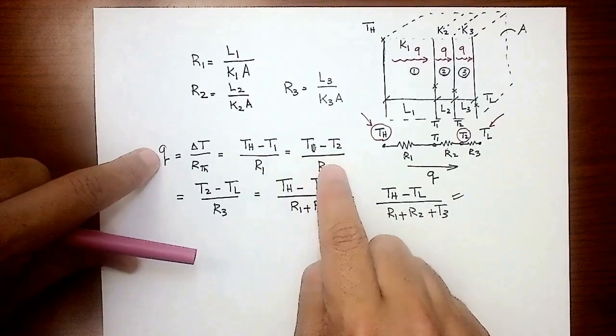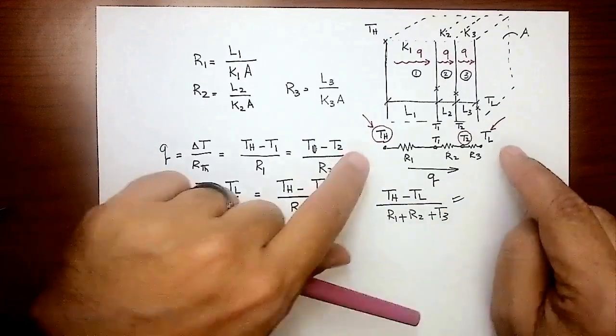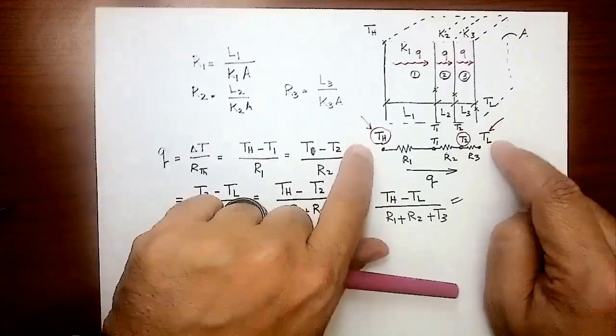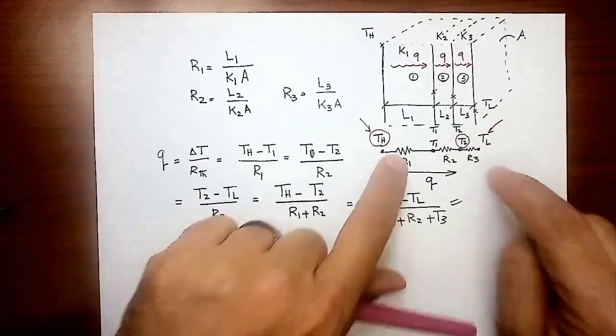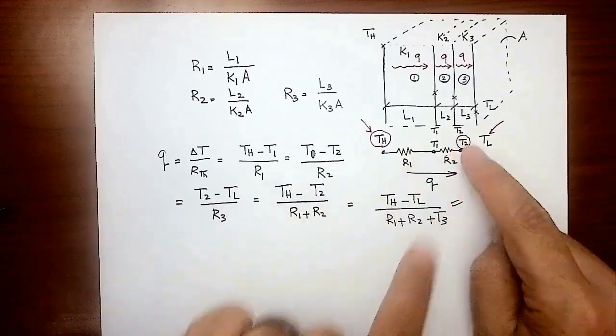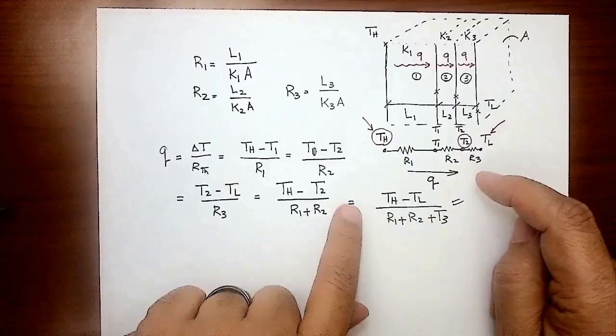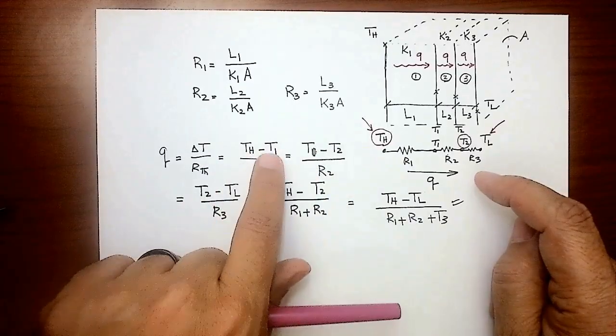I can use Q with this equation to calculate T2, and so on. So I force you with only these two temperatures to calculate all the resistances, to get Q from this formula. Then I ask you to calculate T1 and T2. You take that Q value, it's the same, and you put that equal to any one of these terms to calculate the missing temperatures.